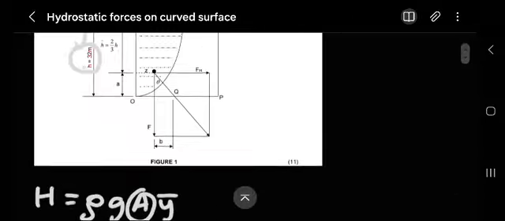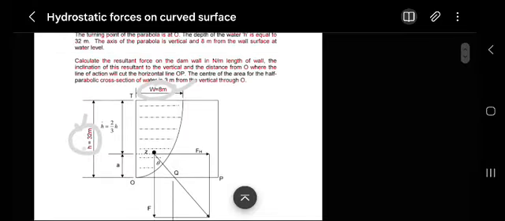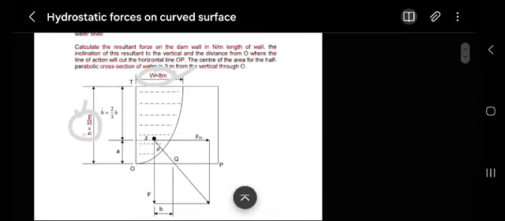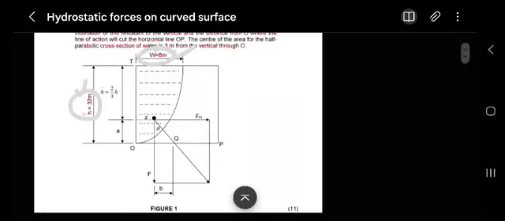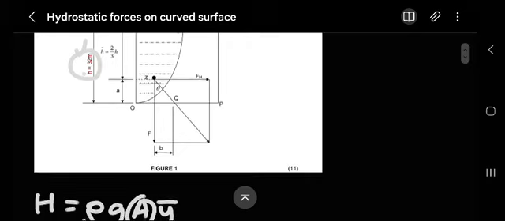Then what do they want again? They want us to determine the vertical distance through O until Y. By the way, we have a triangle somewhere here.